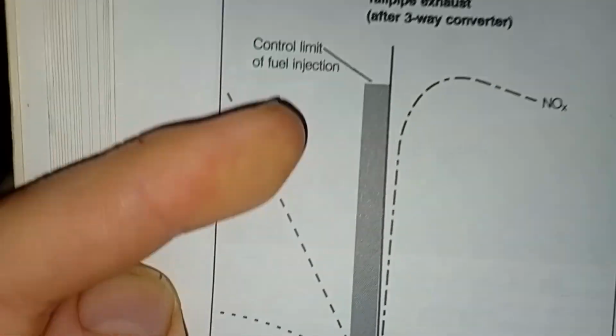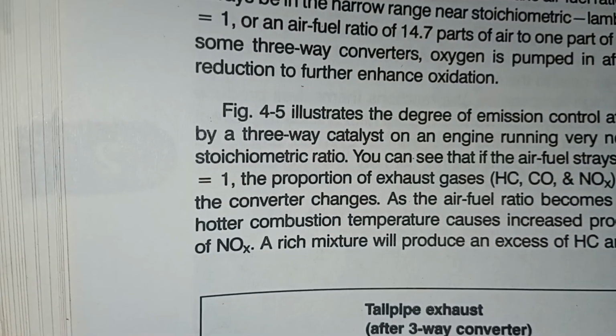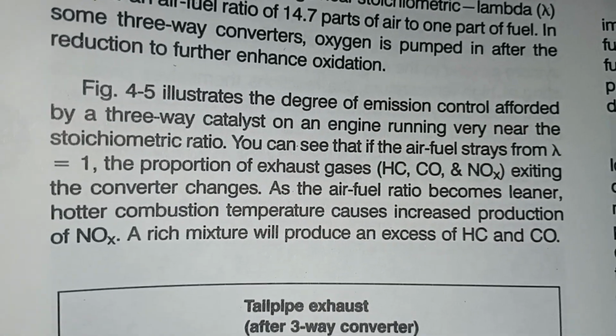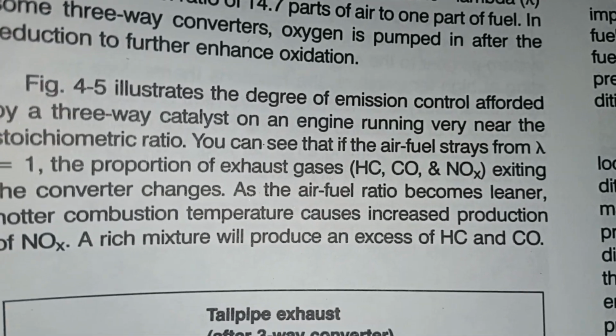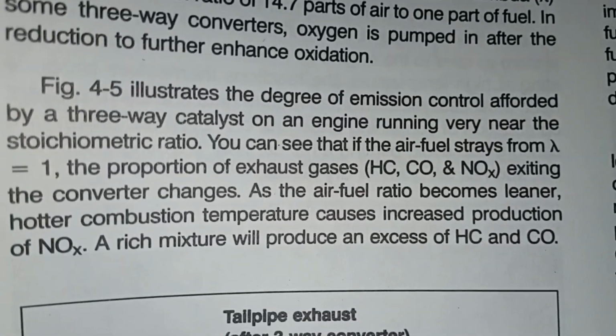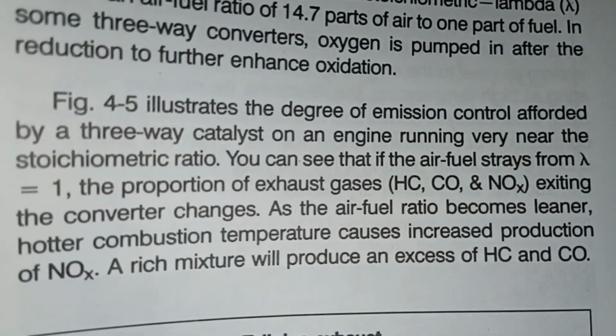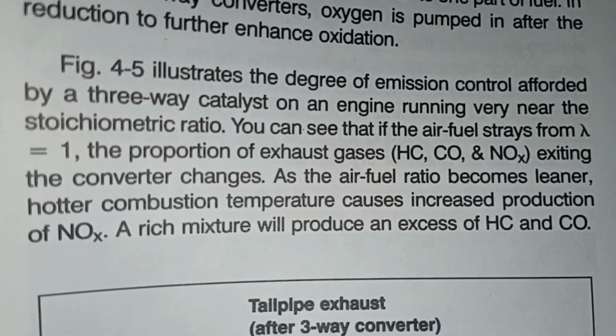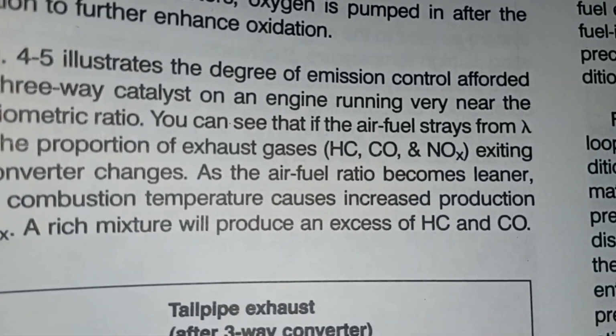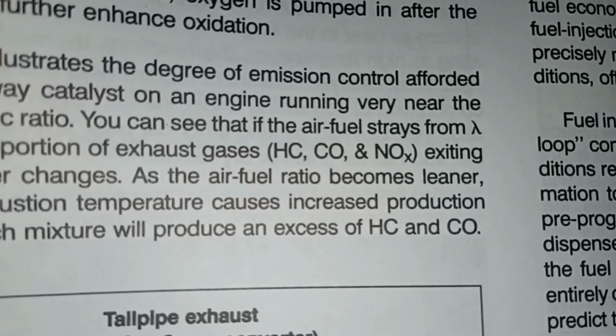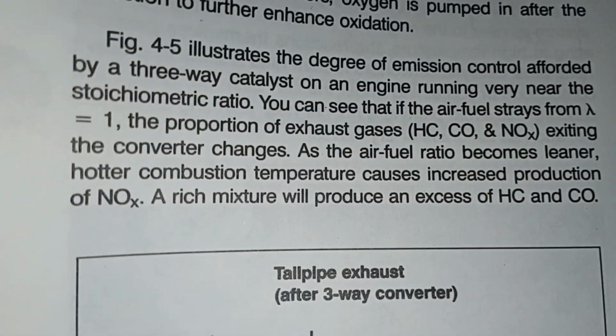Figure 4.5 illustrates the degree of emission control afforded by a three-way catalyst on an engine running very near the stoichiometric ratio. You can see that if the air-fuel ratio strays from lambda equals 1, the proportion of exhaust gases, hydrocarbons, carbon monoxide, nitrogen oxide, exiting the converter changes.